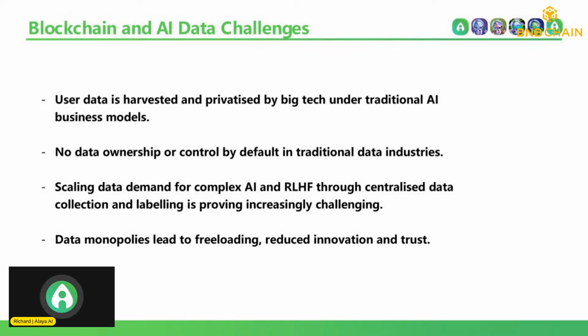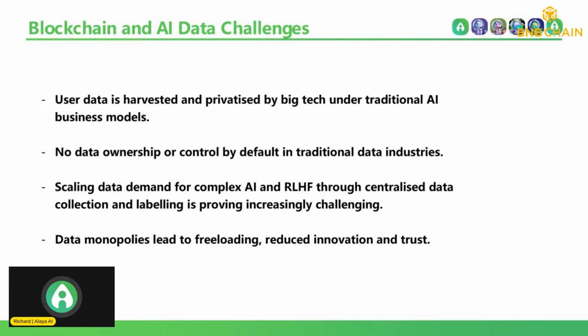Now, AI models rely on data in one way or another at certain stages of training and development. So what happens is, as models get bigger and more data hungry, supply shortages in data quantity and quality become increasingly apparent across various AI applications and sectors.